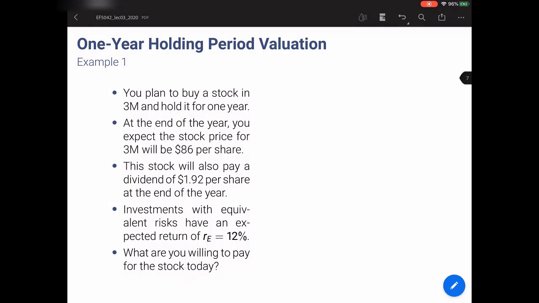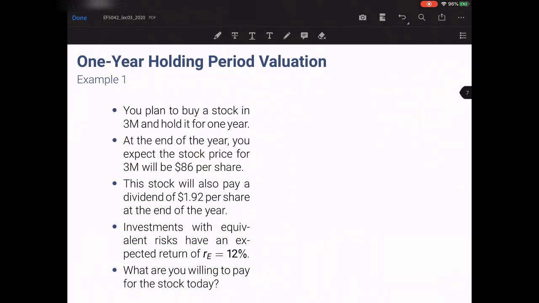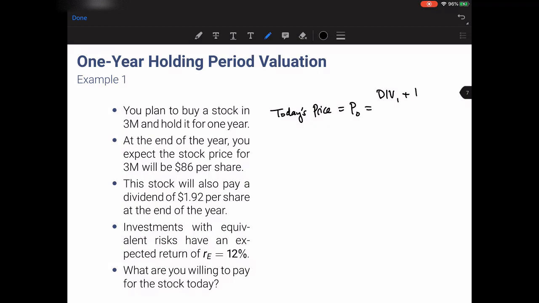All right, so let's write out the price formula for 3M for today. Today's price is equal to, I'm going to use P naught to indicate that we're solving for the price at time zero, or today, equal to the dividend payment of this stock 1 year from today, plus the price of this stock 1 year from today.